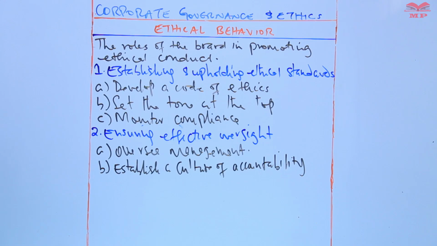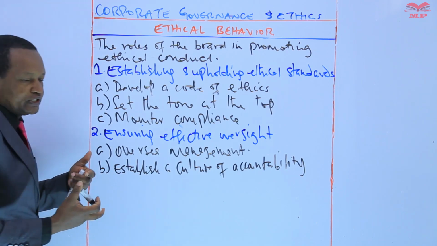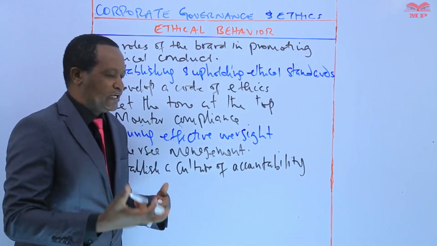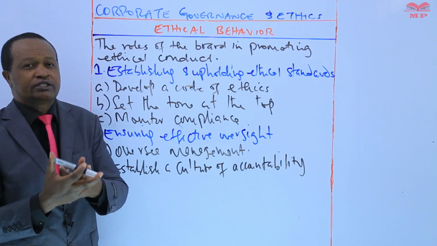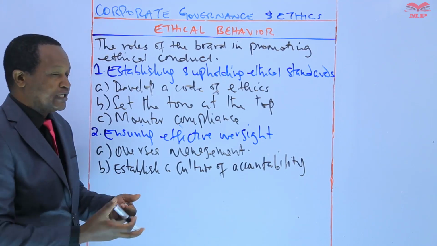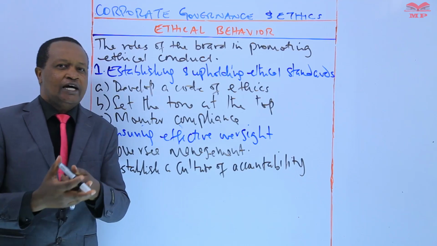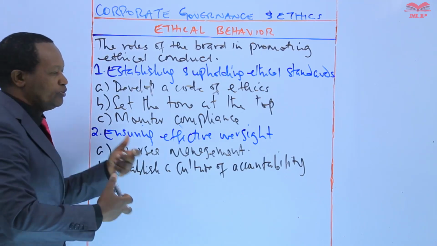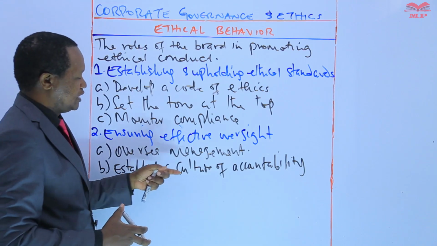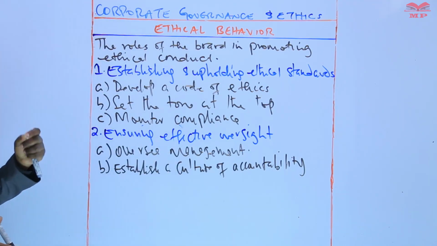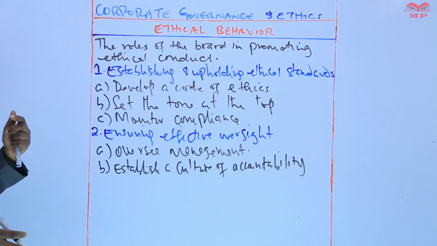The board should foster a culture of accountability throughout the organization where employees are held responsible for their actions and they are held accountable for their decisions. And that can be achieved through performance evaluations, rewards, sanctions, and clear communication of expectations. Establish a culture of accountability. That is the role of the board.